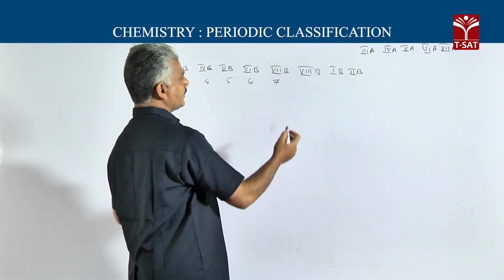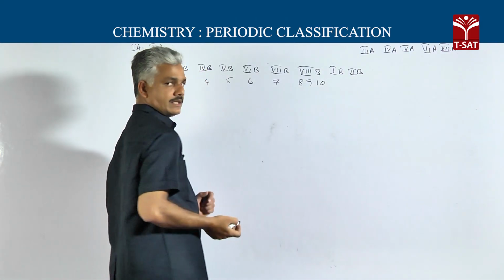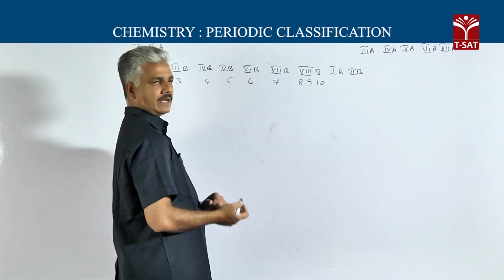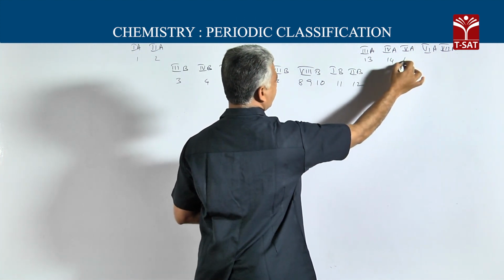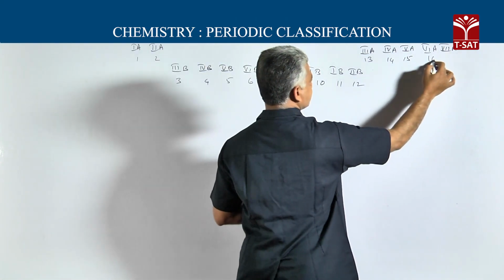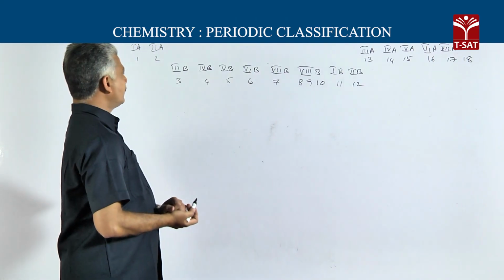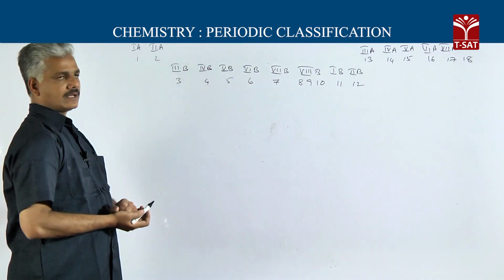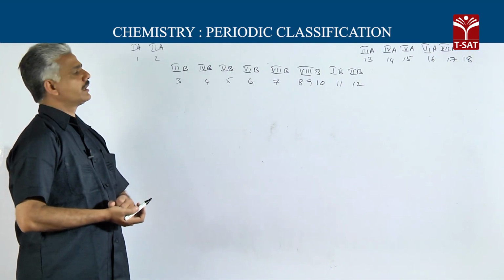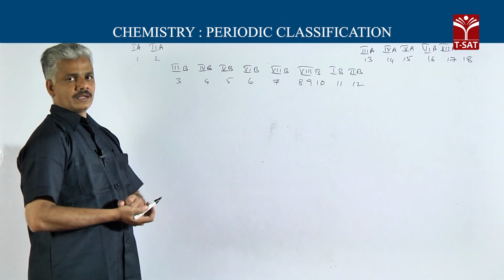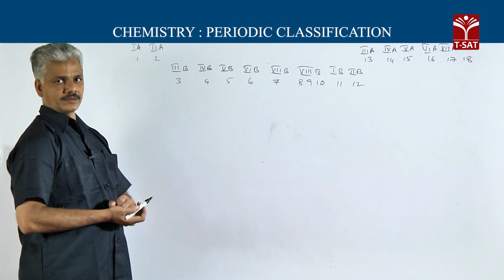In the 8th B group, a total of 8 groups are present, which are represented as 8, 9 and 10, 11, 12, 13, 14, 15, 16, 17 and 18. So, by using this convention, we can locate the position of a group based on atomic number. In any period, atomic number increases by 1 unit in a successive manner.